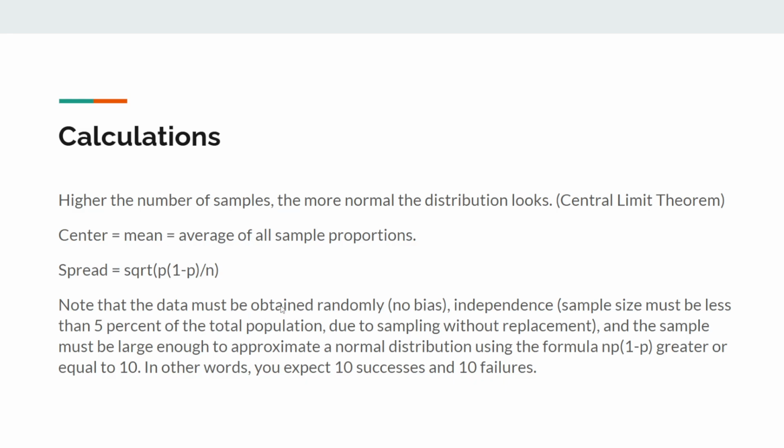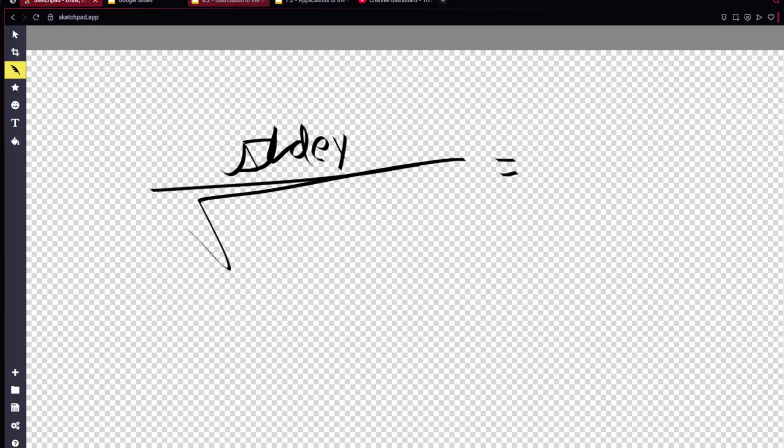Independence: each sample size must be less than 5% of the total population, because if we don't do that, then when we take the next person, let's say there's a population of 100 people and we survey 30 of them.